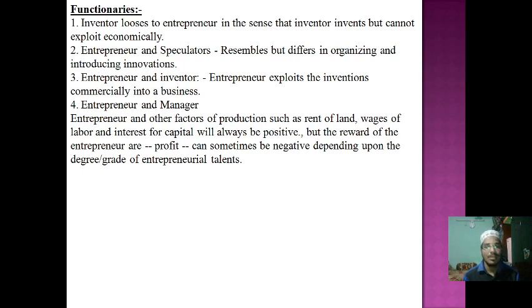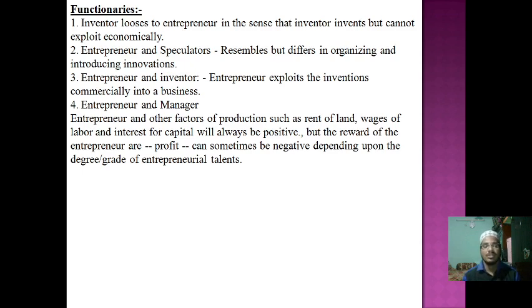Fourth point is entrepreneur and manager. Here we are discussing the entrepreneur and other factors of production such as rent. The manager is discussing how much rent we have to pay, the wages of the labor, and interest on the capital.